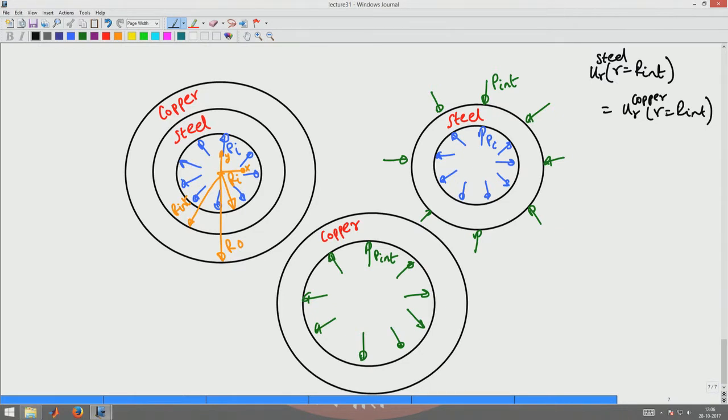You use this condition to find the P interface, the interface pressure. Because otherwise you have sufficient boundary conditions to find the displacement field in a thick walled cylinder or in a thin walled cylinder. So, basically this is how you have to proceed when you have a composite cylinder, either thick walled or thin walled. Okay.